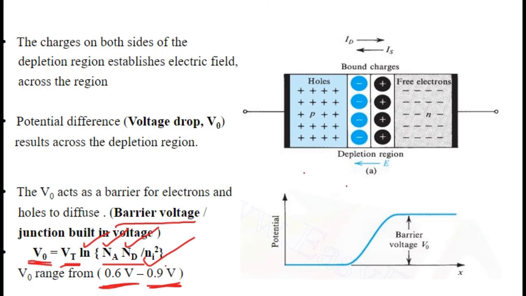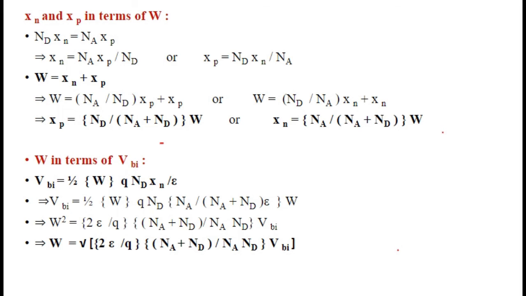So in the next section we will find the relationship between xp and xn, that is the width of the depletion region across N type and P type, in terms of W. So here you can see we can use our first proof, that is Nd xn is equal to Na xp, which we have proved in the depletion width section. So we can simplify it and find out what is xn. Similarly, we can find out what is xp, and we have to substitute this xn and xp in the W equation, that is xn plus xp.